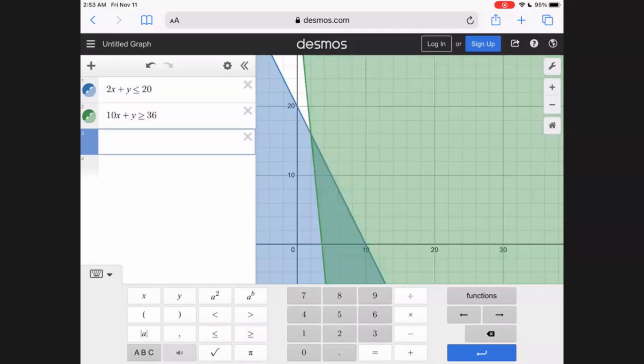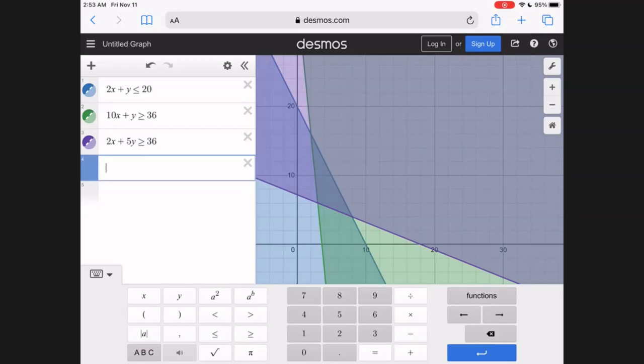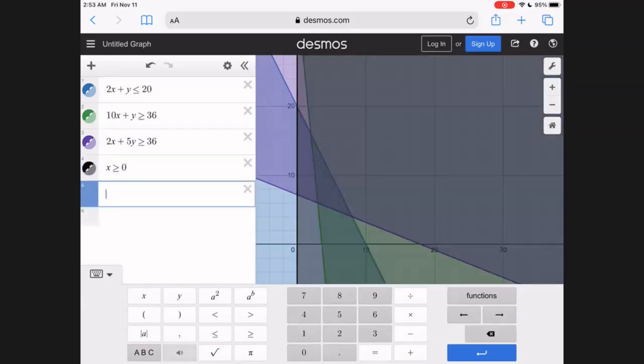And then I have 2x plus 5y greater than or equal to 36. And then I have my two constraints, which were x and y greater than 0.